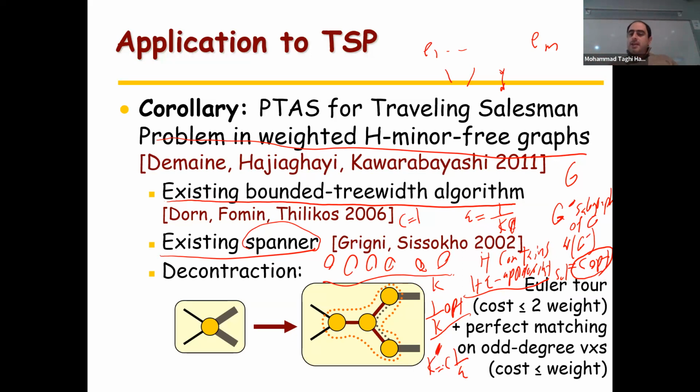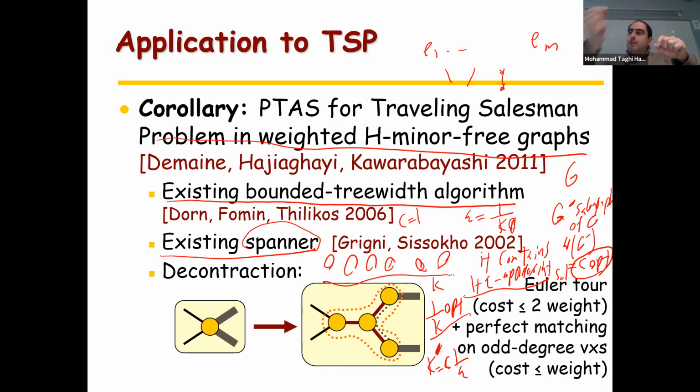So in some sense, the number of things that you are partitioning, why? Because you want to cancel this factor C as well. So instead of partitioning into K parts, you will partition it into essentially 1 over epsilon times C parts. Then this C will cancel out.